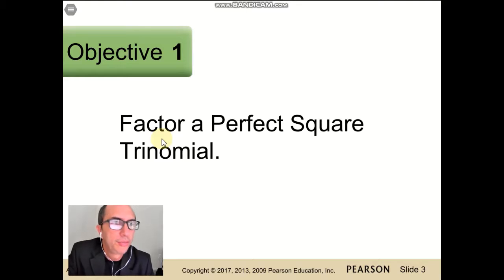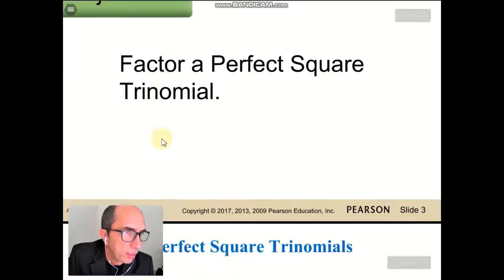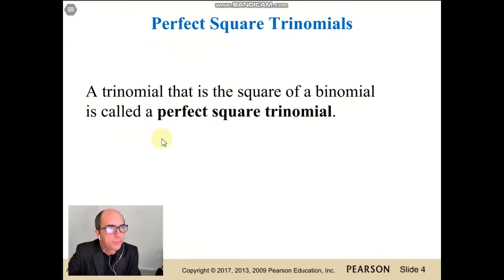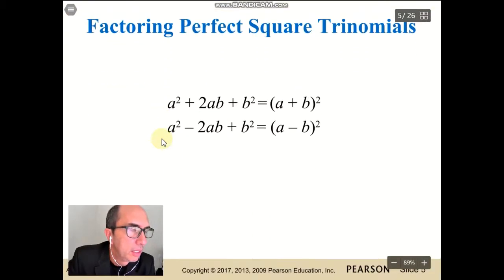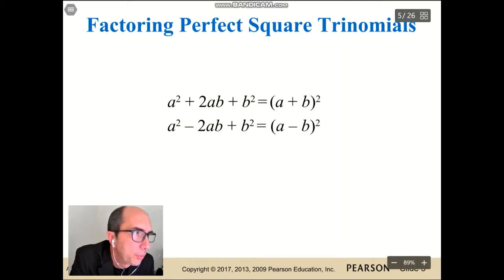The first objective is going to be factor a perfect square trinomial. A trinomial that is the square of a binomial is called a perfect square trinomial. Let's have a look at how it looks. If you have a squared plus 2ab plus b squared, it equals a plus b squared.